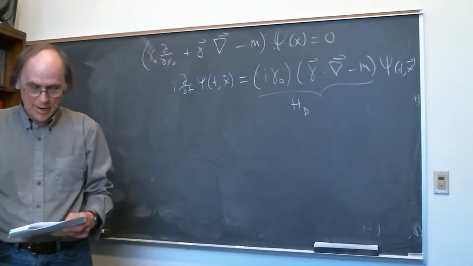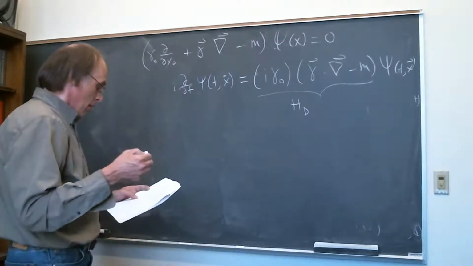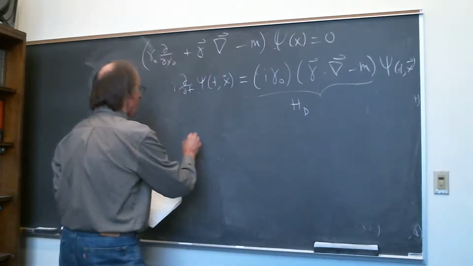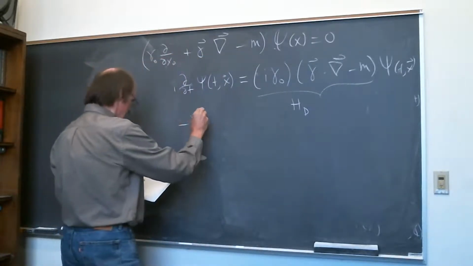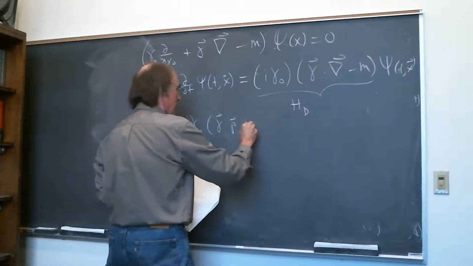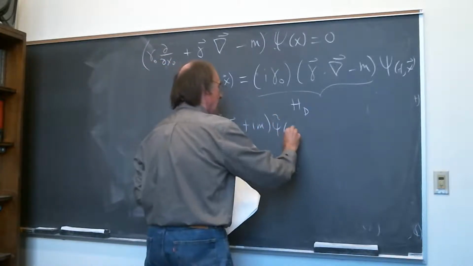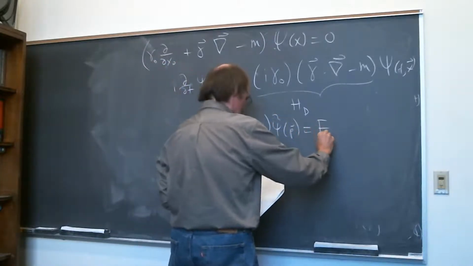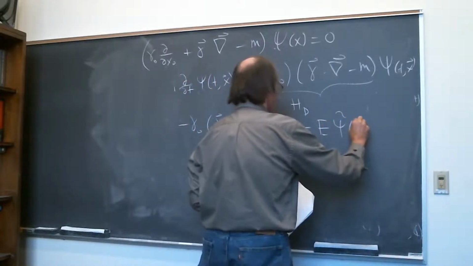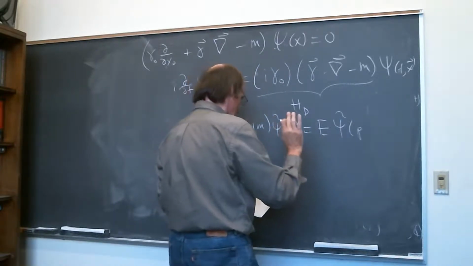Okay, and now if you Fourier transform this thing, you get minus gamma 0 gamma vector dot p vector plus i m, acting on psi tilde of p, is equal to E psi tilde. Sorry, this is p vector.